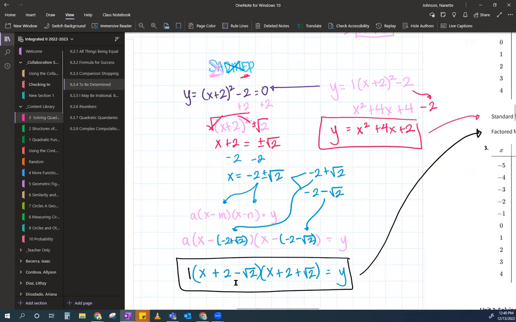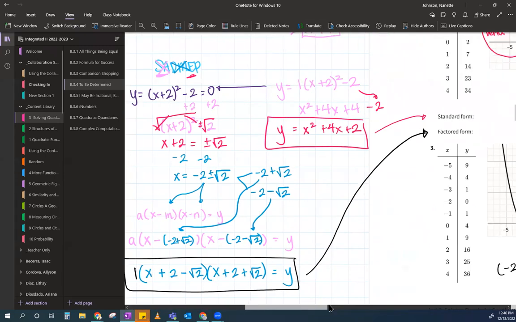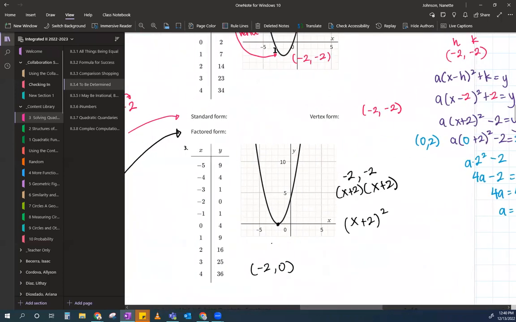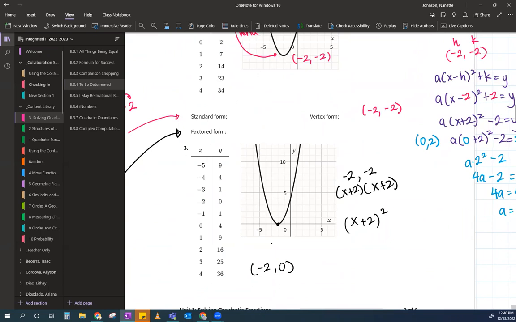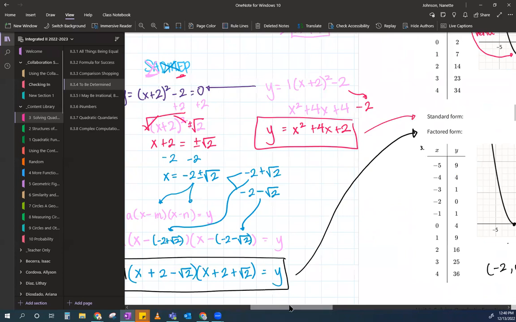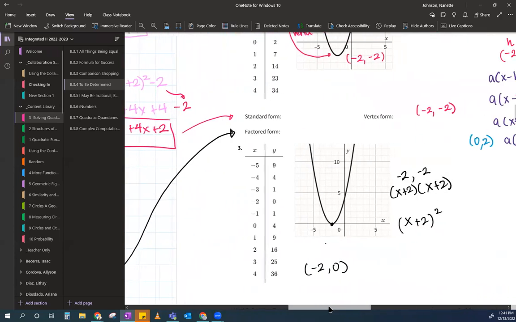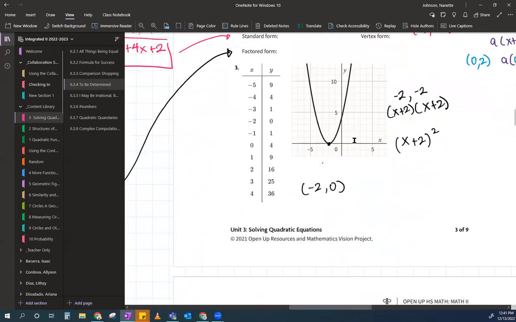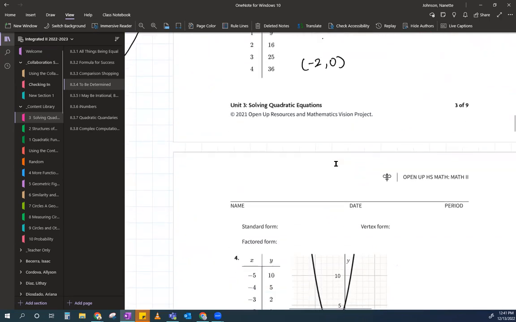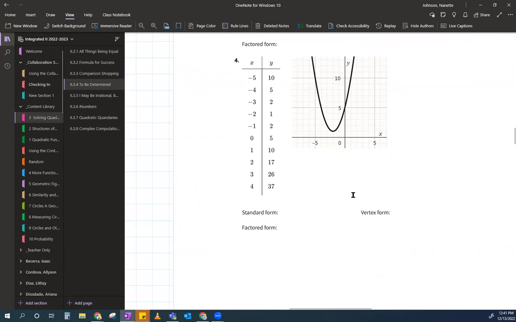Factored form looks crazy when our roots are crazy, right? Here are our roots. Our roots are crazy. See, it's in between, right? So therefore our factored form looks a little on the crazy side, but still, it makes sense. Same thing goes here. This one was a little bit more straightforward because the vertex was nice, the intercepts were nice, right? And then we're going to continue using this one.